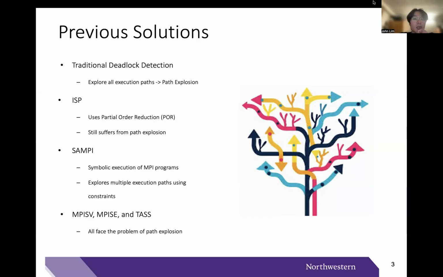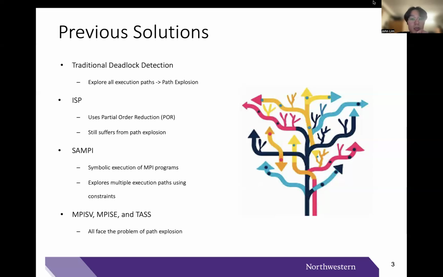ISP is a tool to detect MPI deadlock by exploring different execution paths using partial order reduction.